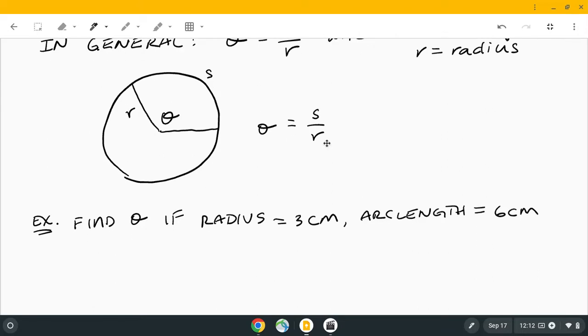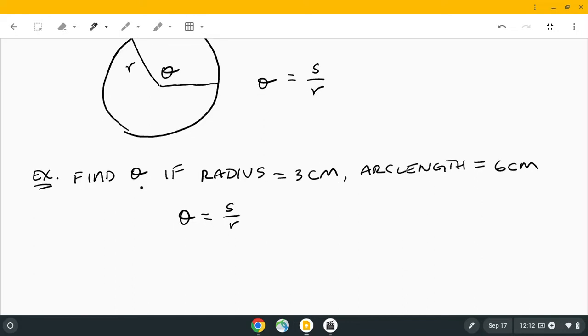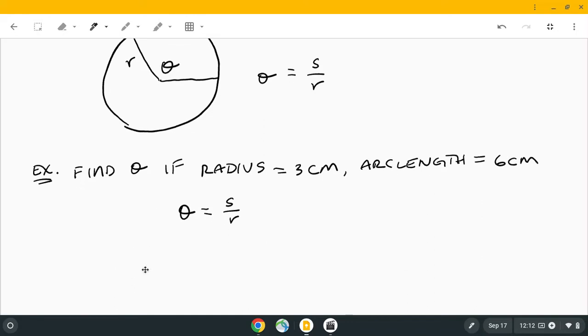I only give you like one of these problems in the homework. So we're going to use this formula up here. So theta equals S over R. That's arc length over radius. And we have those two pieces of information. So S, arc length, is 6. And radius is 3. So theta is 2 radians. Okay.